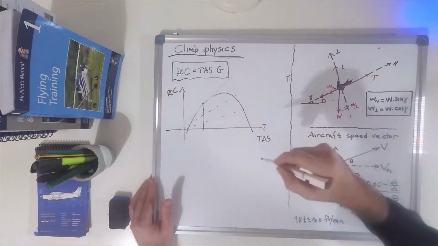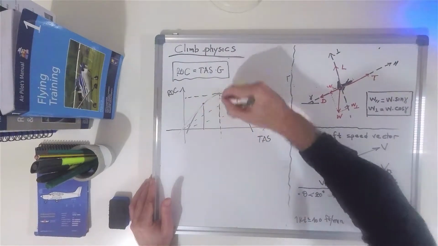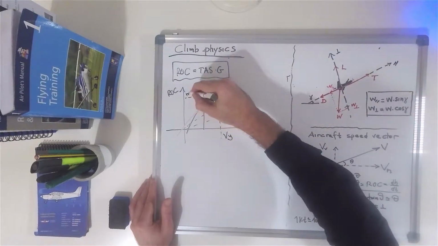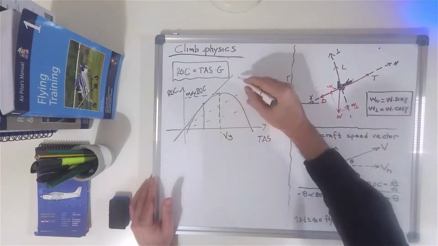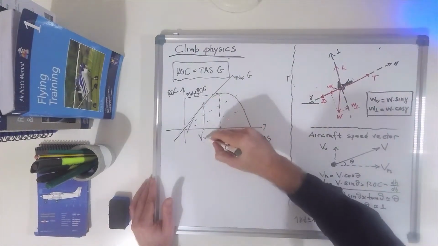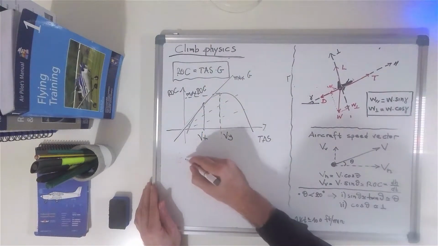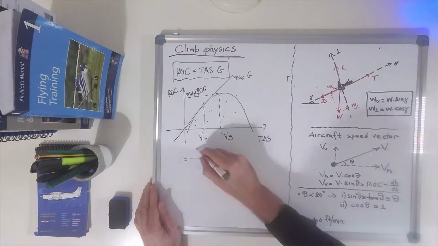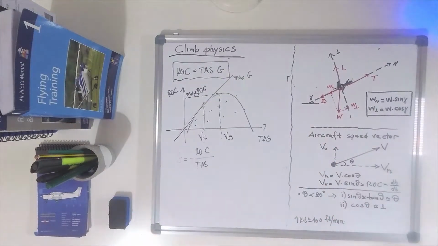So in that case we have, of course, the maximum rate of climb, which corresponds to Vy, and the maximum climb gradient, which corresponds to Vx. Of course, this is true because from that relationship, climb gradient is rate of climb divided by true airspeed. So the climb gradient mentioned in any case of this video is the climb air gradient.